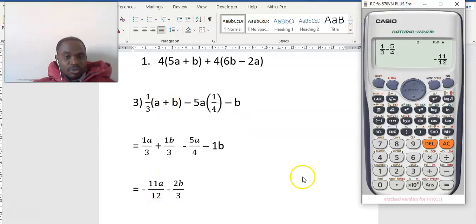Alright. So, what are we going to do? We are going to press this and this. They are like terms. So, I have my 1 over 3 minus 1, and this one is going to give you minus 2 over 3.